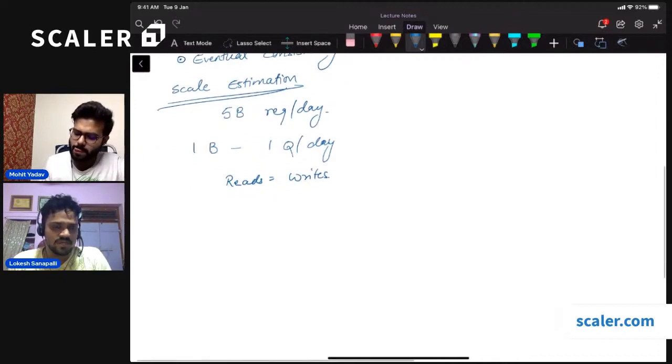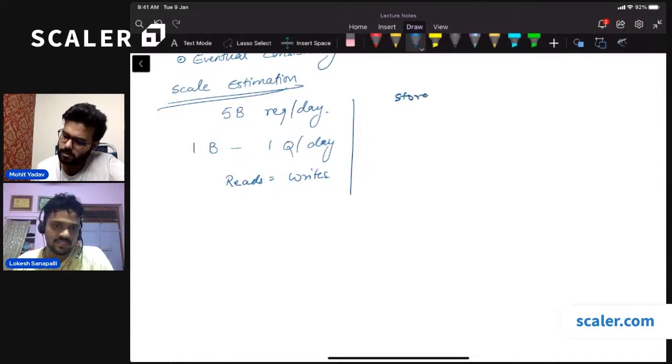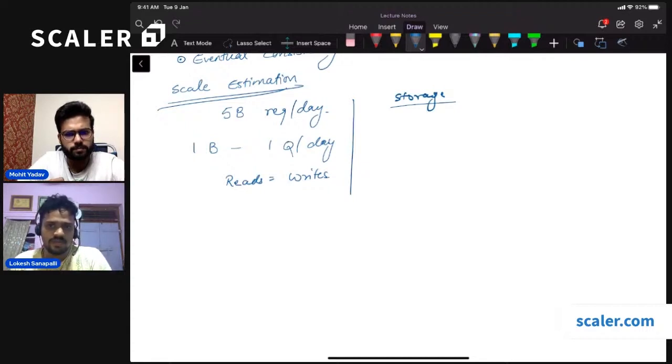In our system, we only need to store the queries, I mean the words or the phrases. Each query, since they're strings, I'm thinking is less than a kilobyte, maybe something like 512 bytes, half a kilobyte.